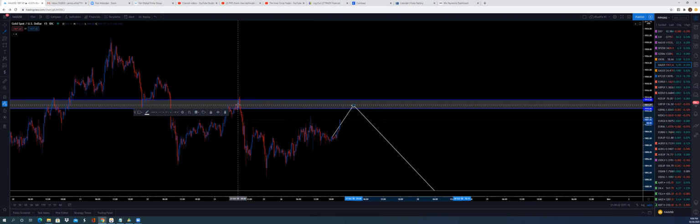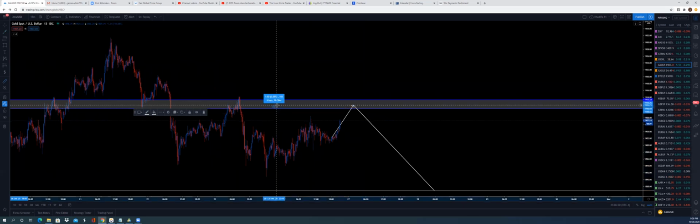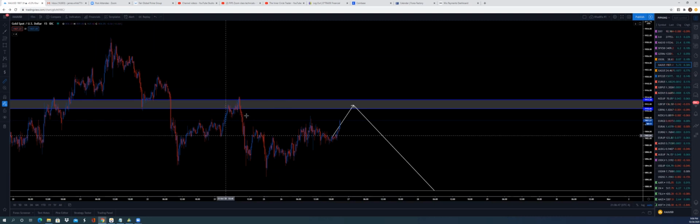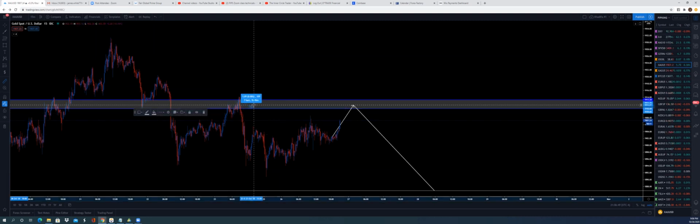But if you want to be extra conservative, you could put it above here. That wouldn't be nothing but like 120 pips. Sounds like a lot, but it's not big for gold.